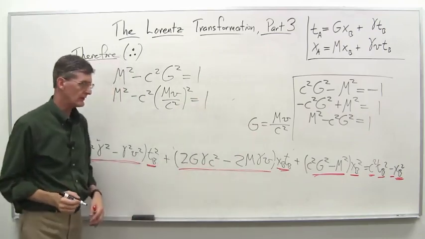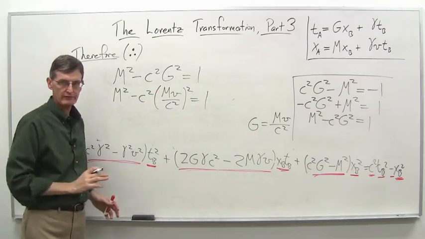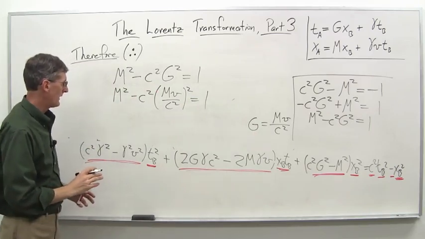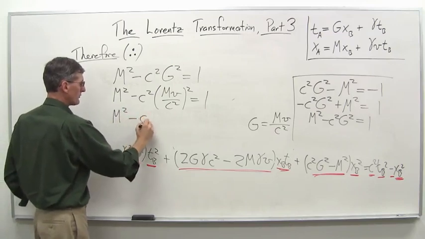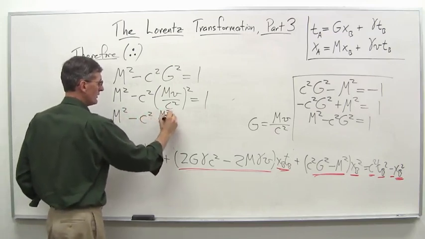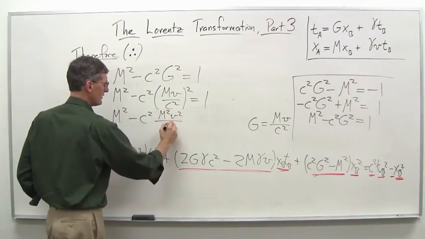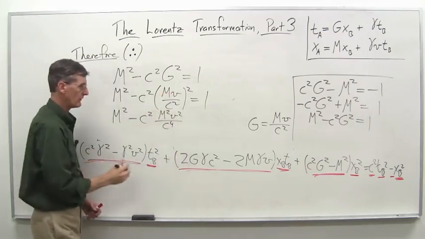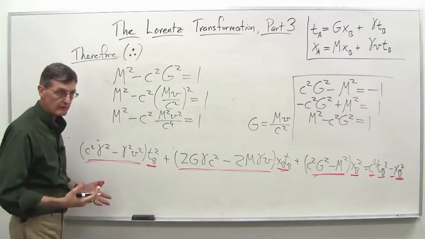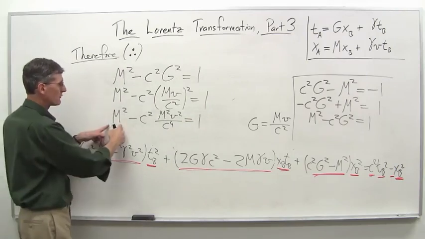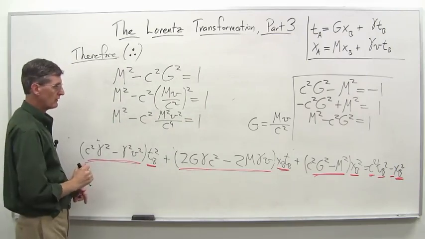And now we're getting someplace, because all we've got left is m and v and c in there. And so just to do the steps here, we've got m squared minus c squared, m squared, v squared over c to the 4th, just squaring everything inside there, equals 1. Looks a little messy, but let's see what we've got here. I've got an m squared and an m squared there.